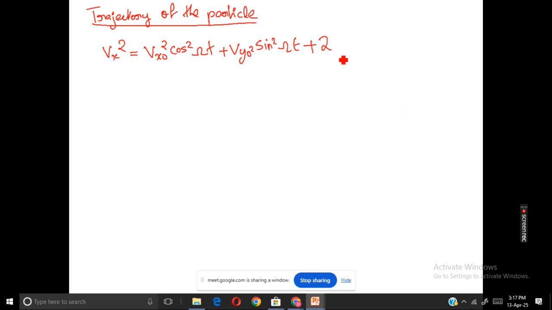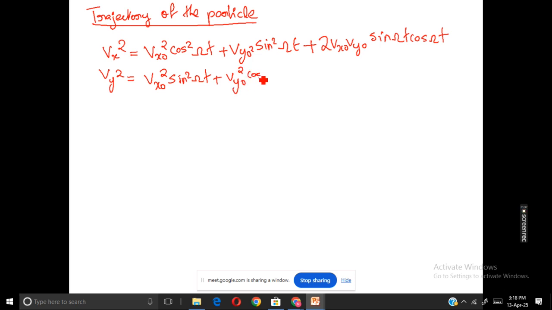It is in the form of a plus b the whole square. And vy square will become vx0 square sin square omega t plus vy0 square cos square omega t plus 2 vx0 vy0 sin omega t into cos omega t. Now we add vx square plus vy square.